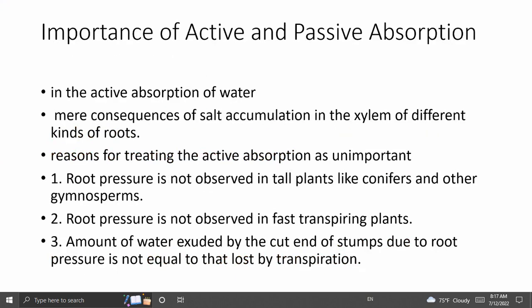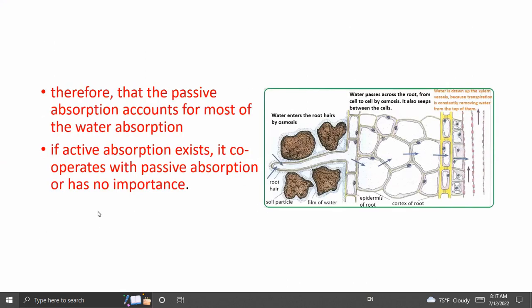Now we will see the importance of active and passive absorption. In active absorption, generally it is not important, they say. Therefore, the passive absorption accounts for most of the water absorption. There are two kinds, active absorption and passive absorption.